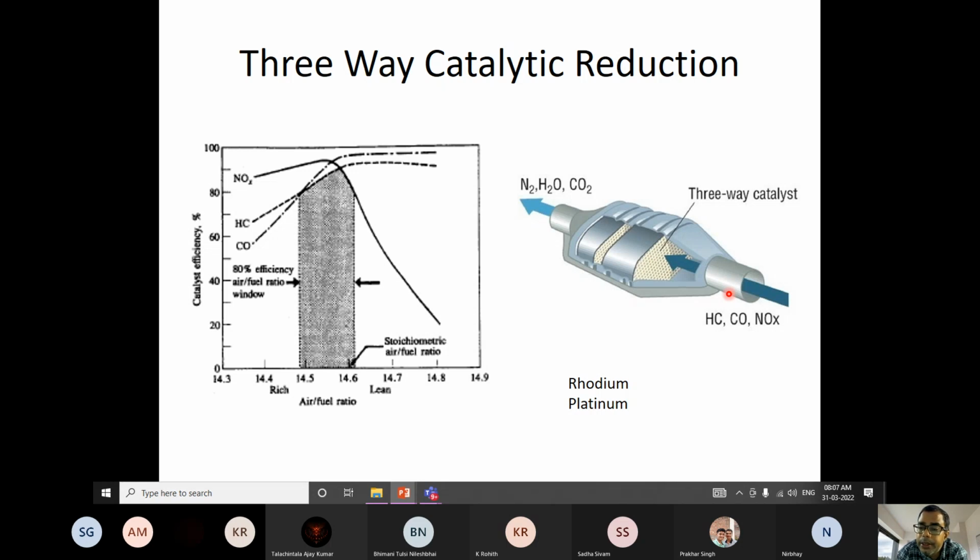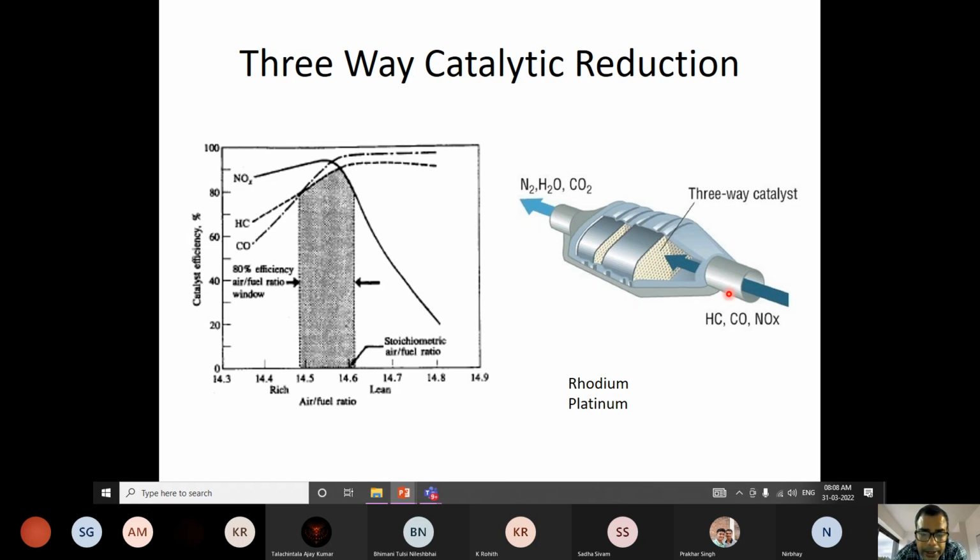And after that, we discussed exhaust gas recirculation. That is one way to reduce NOx formation during the combustion process itself, inside the combustion chamber. In the last class also, I touched on the point that as far as control of the emission is concerned, we have two options.